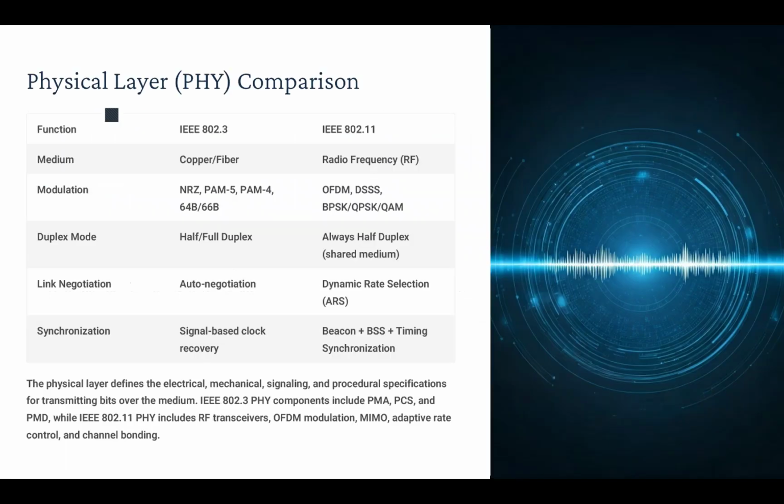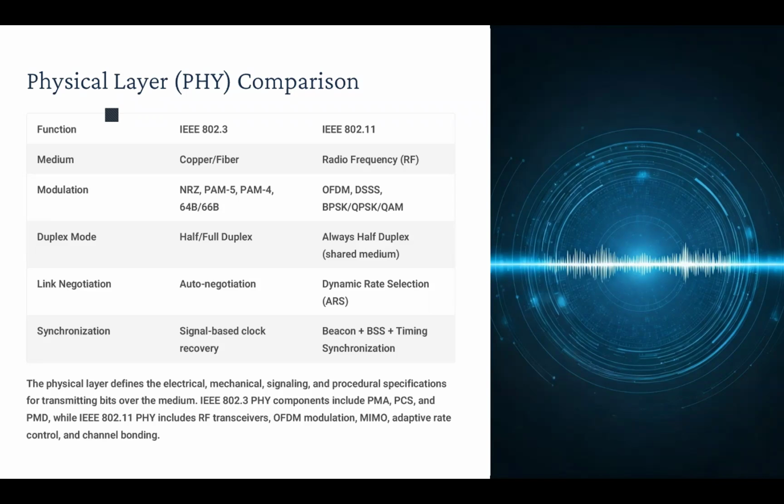Now, in the physical layer, we also have differences between the two technologies, Ethernet and Wi-Fi. For example, with respect to the medium, Ethernet uses guided transmission media like copper or fiber optics, whereas Wi-Fi uses unguided media like the radio frequency spectrum.